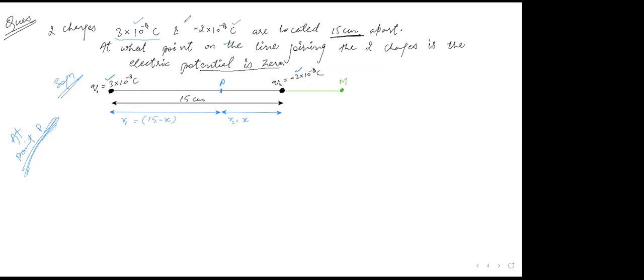Now all of you can remove these assumptions as well, because there is no requirement. Now we take this separation as Y. This is your Y distance from charge Q2.